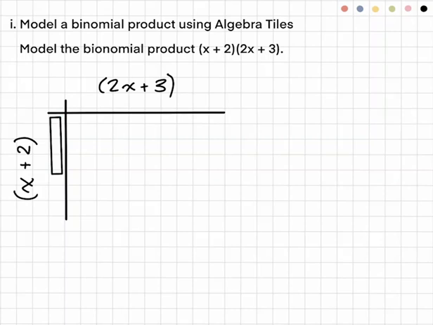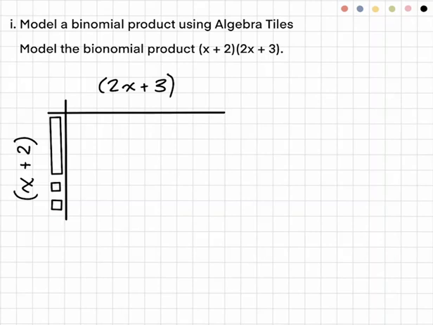And whenever we're representing just a number, we just use a square. So here I have 2, so I'm just going to draw 2 squares: 1, 2.